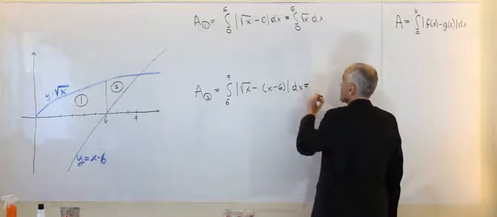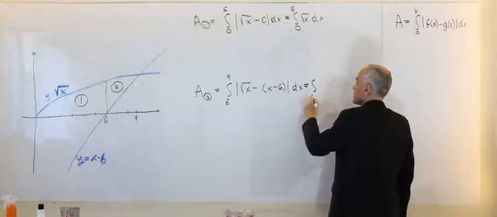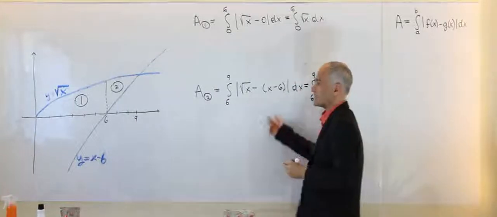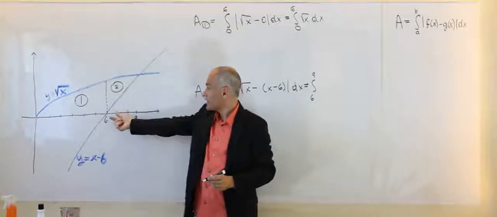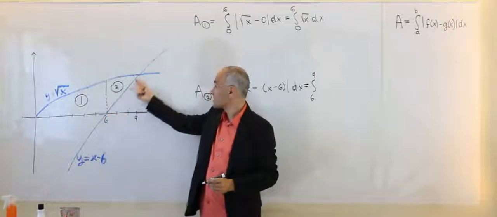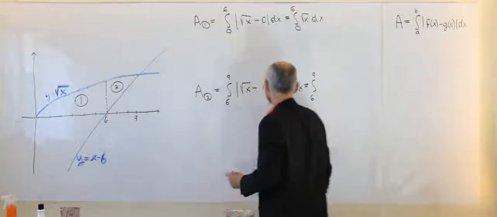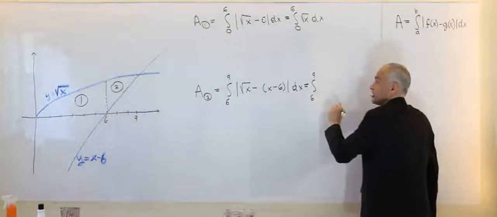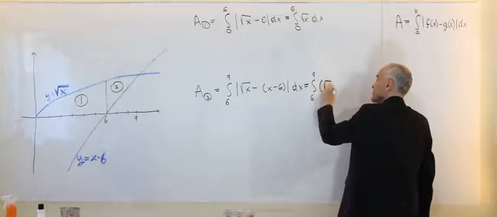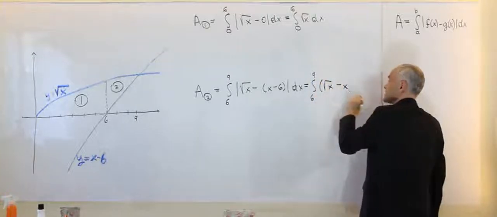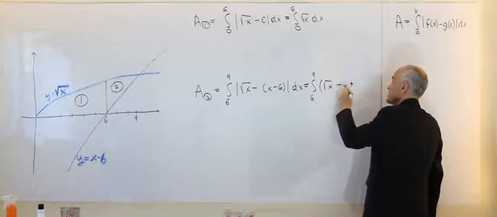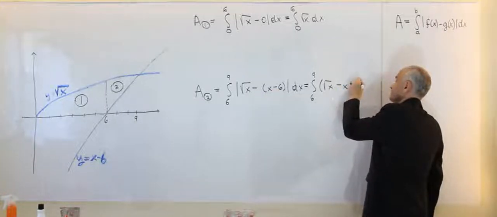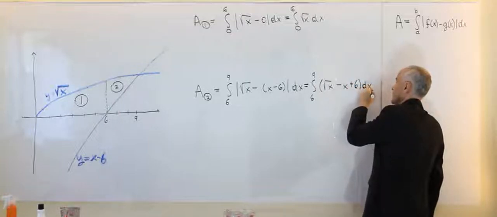So this can be simplified since, as you can see in this picture, the square root of x is bigger than x minus 6 between 6 and 9. So I can skip the absolute value, and then I get just the square root of x minus 6 minus negative 6, so it's plus minus x plus 6 dx.